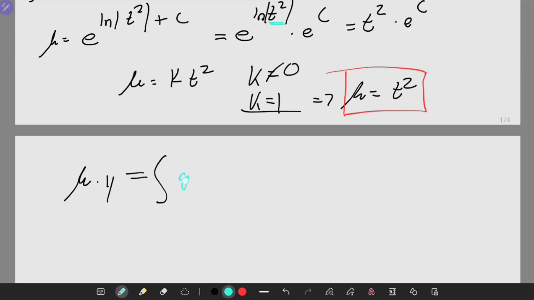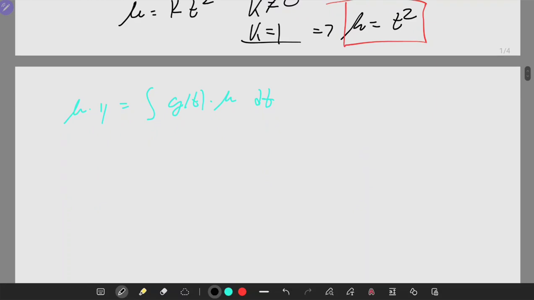So we have mu times y is equal to the integral of g of t times mu dt.